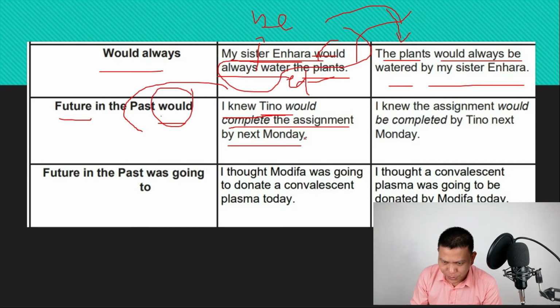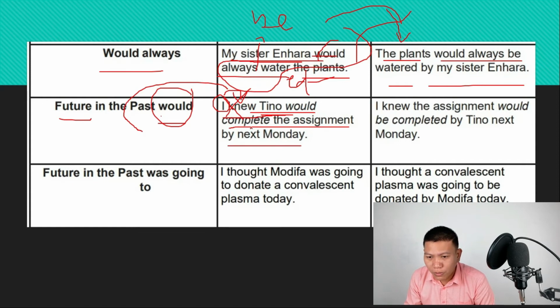So we have here a complex sentence. I is the main subject, and then verb is knew. So we will not take this one. We will take the dependent clause. Tino would complete the assignment by next Monday. Tino, and then would complete what? The assignment by next Monday.